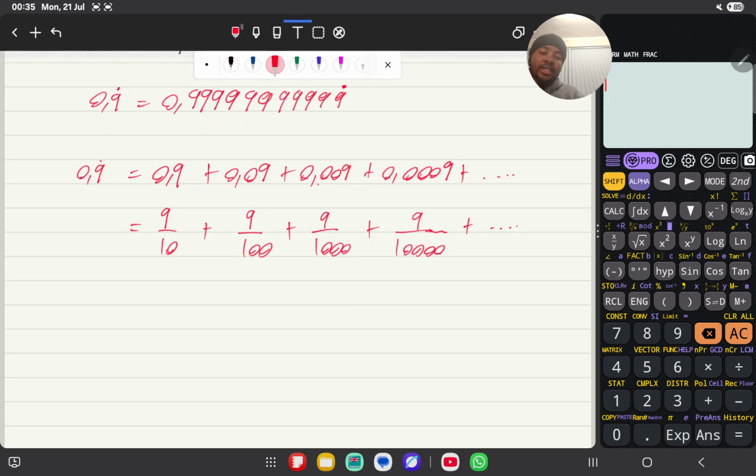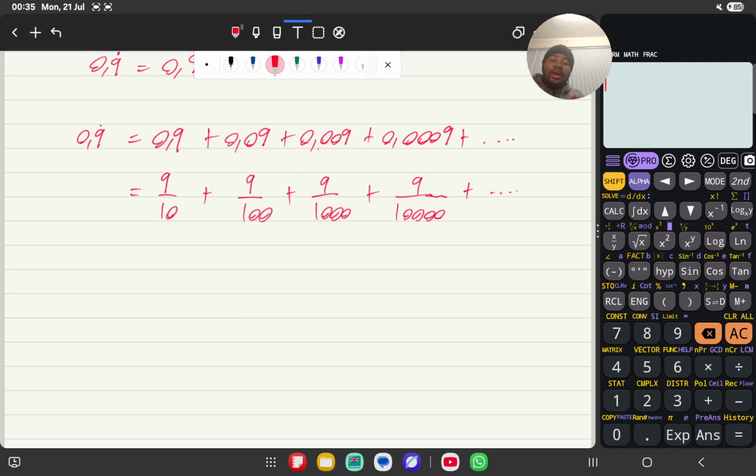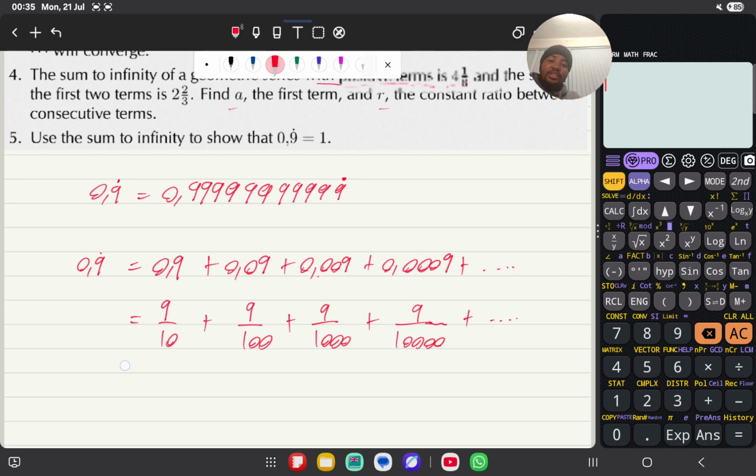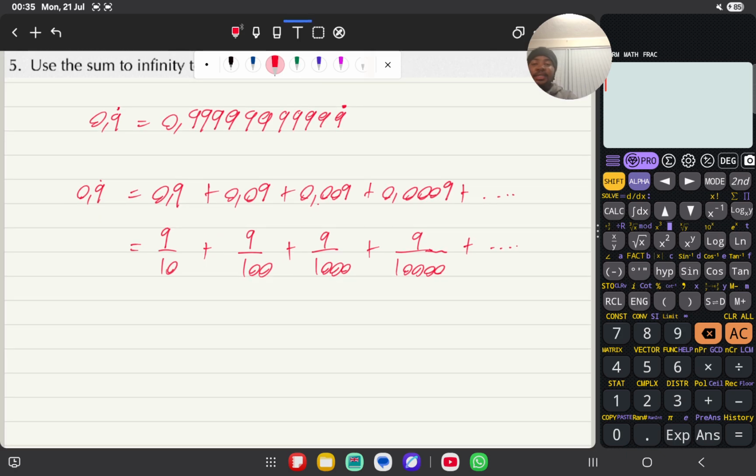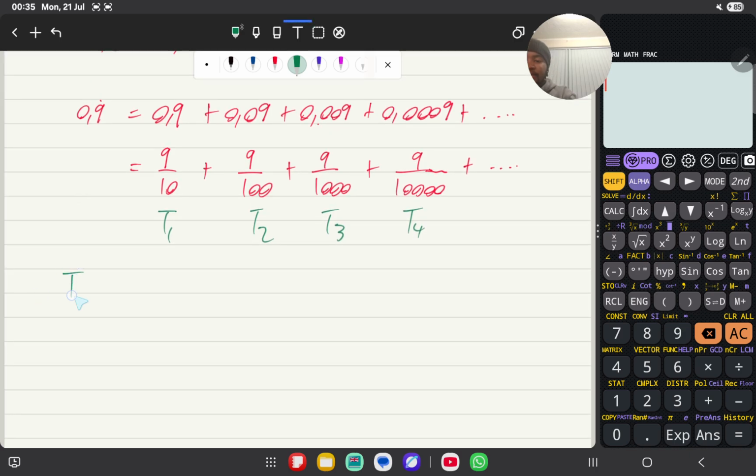So right here, I think I low-key have answered the question, because this was the tricky part. When you look at this question, you wonder, how are you going to attack it? But now you can see we have a series there. So this is T1, T2, T3, T4. Let's find out.